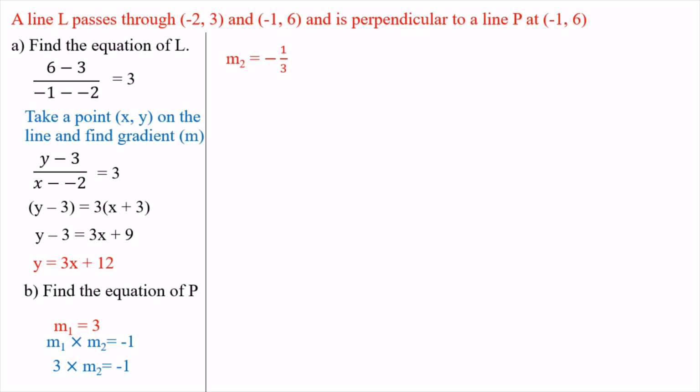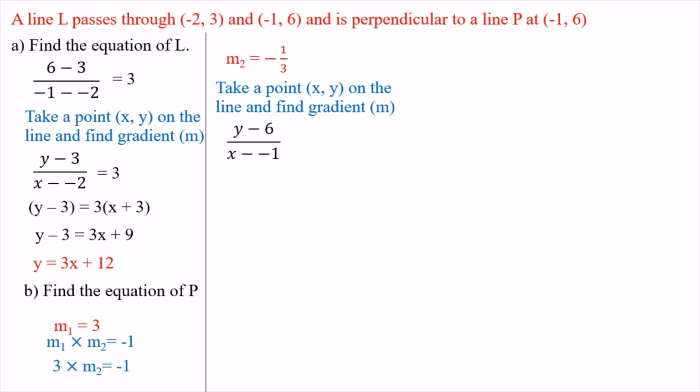So since we've been presented with the gradient of the second line and a point which is negative 1, 6, then we are going to take a point x, y on the line and find its gradient. So gradient is going to be change in y, that is y minus 6, over change in x, that is x plus 1. And this one should give us the gradient, which is negative a third. You cross multiply, you end up with 3 into bracket y minus 6 equals negative 1 into bracket x plus 1.